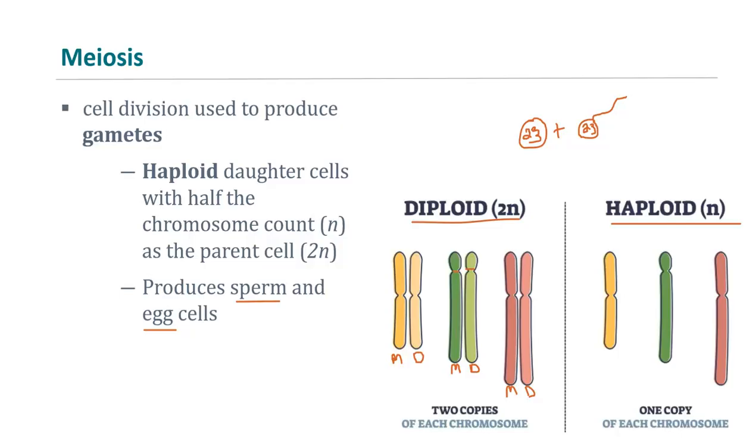So when these 2 combine together, this is going to produce a fertilized egg cell that will now have 46 chromosomes. Each one of these is haploid. We use the letter N to represent a haploid cell and 2N to represent a diploid cell. So our haploid number is 23. A haploid egg cell meets up with a haploid sperm cell, and that will produce a fertilized egg cell, which is called a zygote, which would be diploid.